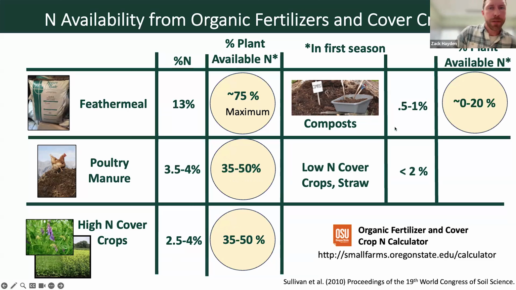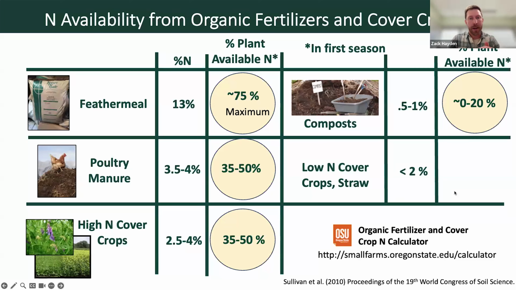Composts are a little different because they've already been decomposed and we have a lot of stable organic matter contained in those. But for, let's say, a dairy compost, we've got up to about 1% nitrogen. The percent availability is still pretty low. So it may be between not getting much of any of that available in the first season up to around 20 to 30%.